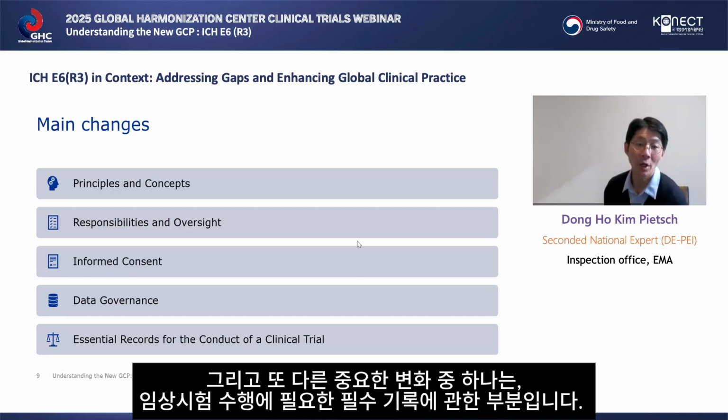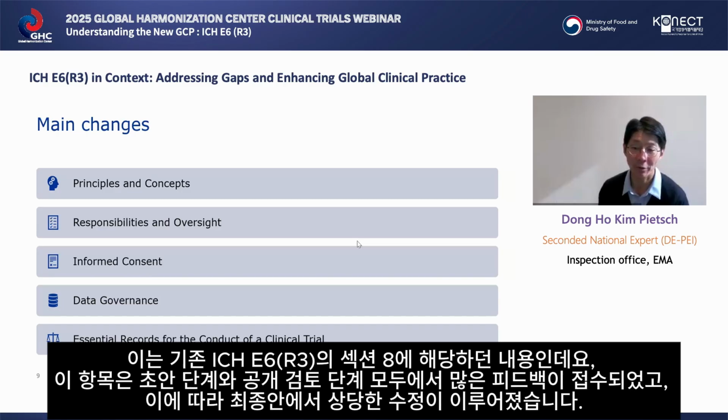A major change is also on the essential records for the conduct of clinical trials, which used to be section 8 in ICH E6(R3) on the essential documents, where a lot of comments were received early on and also during the public consultation phase, which led to significant changes from the version put up for public consultation to the final version adopted.